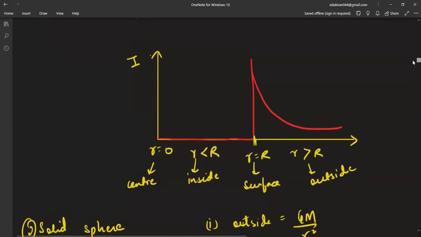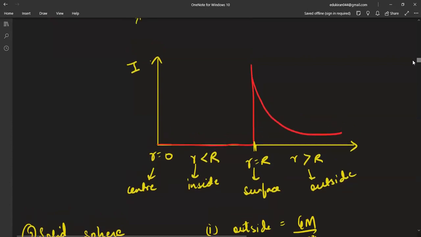Now how will you plot the graph? See, we have taken points from the center to the surface. So r is equal to 0 at the center, that's small r, and r becomes equal to the radius at the surface.